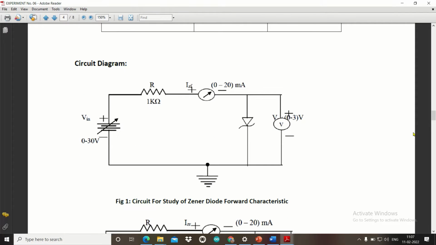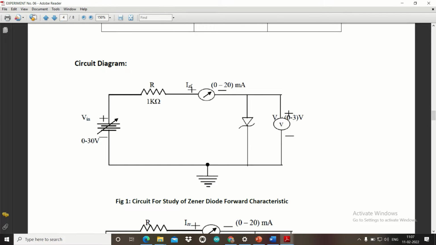Now you can find this is the circuit diagram to study forward characteristics of Zener diode. This is exactly similar to that of the circuit that we had employed for study of forward characteristics of a p-n junction diode. You can see here that anode of the Zener is connected to the positive terminal of the battery through this ammeter and the series resistance.